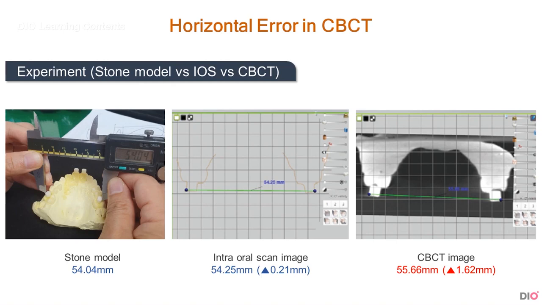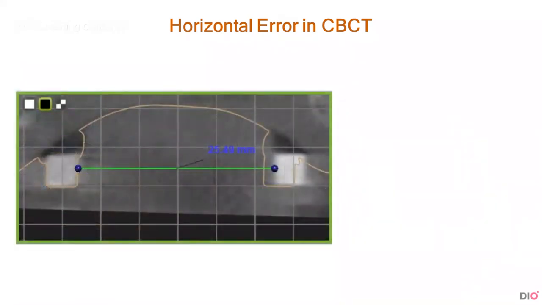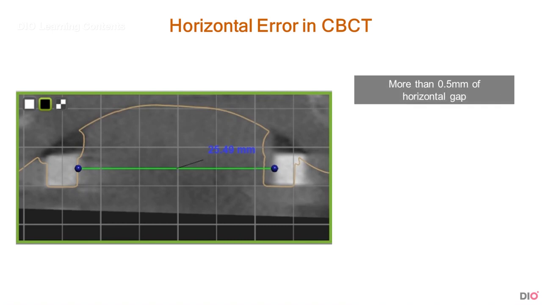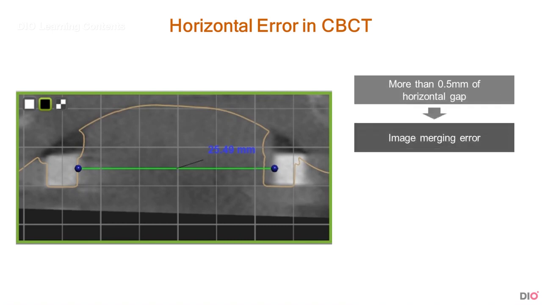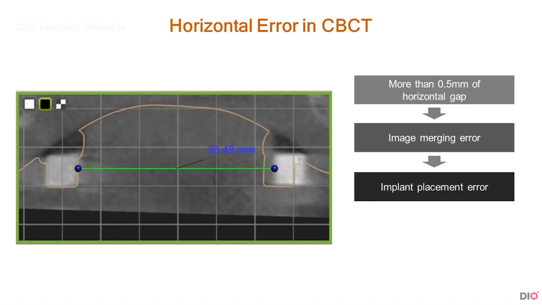When merging the scanned image and the CT image, if the gap between the exterior lines of the two images exceeds 0.5 millimeters, it causes serious errors during implant placement. Therefore, if the difference between two images overlapped horizontally or vertically is greater than 0.5 millimeters, DO inevitably requests a rescan.